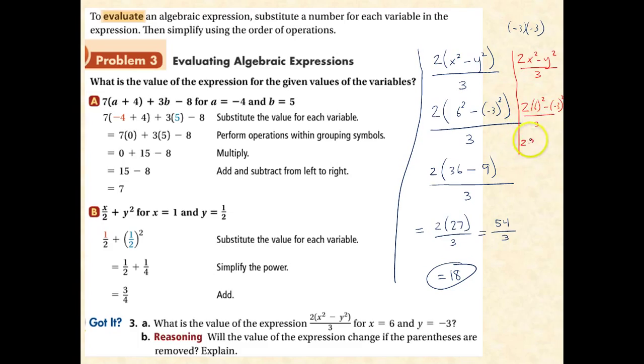That's 2 times 36 minus 9 over 3. 2 times 36, 72 minus 9 over 3. 72 minus 9 is 63 over 3, and 63 divided by 3 is 21. So heck yes, the value changes if you take out the parentheses. That's why we got to be real careful, pay attention to detail, make sure we're copying down the problem correctly.